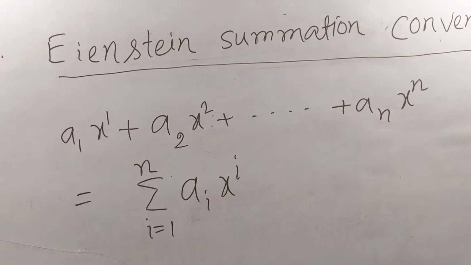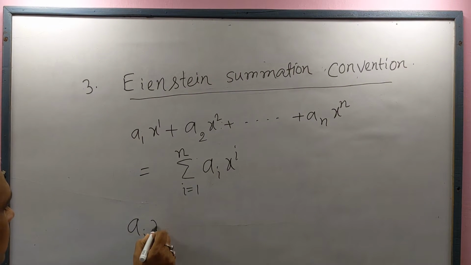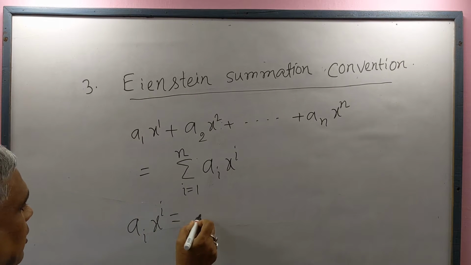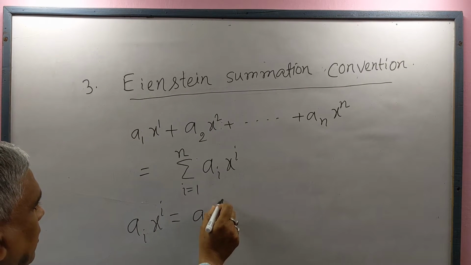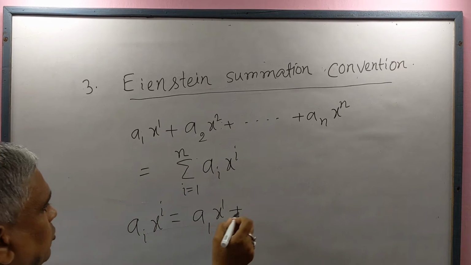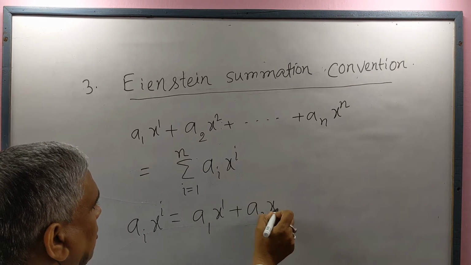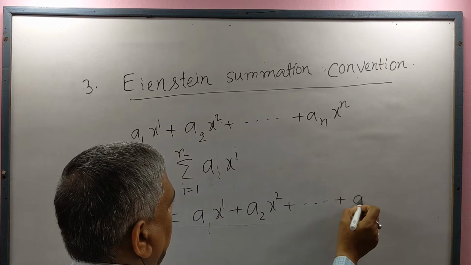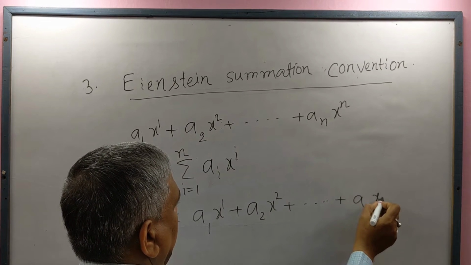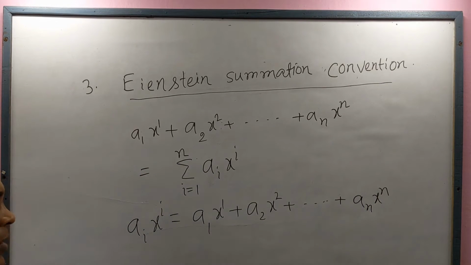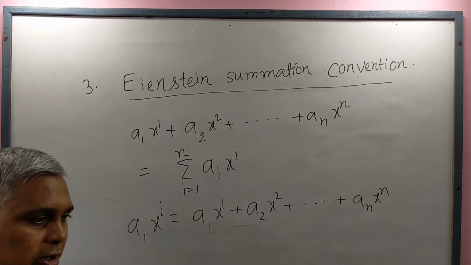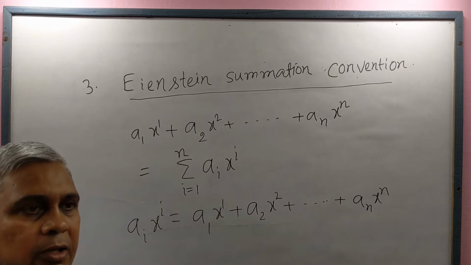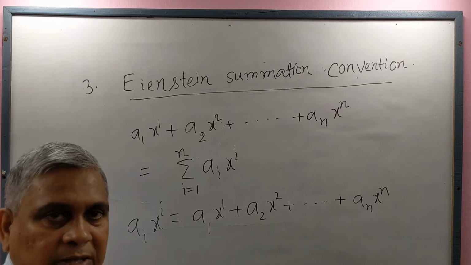That is, we may write a_i x_i equal to, for i equal to 1, a1 x1, value of i is 2, a2 x2, and so on, an xn. Therefore, we conclude that the dummy suffix denotes the summation.